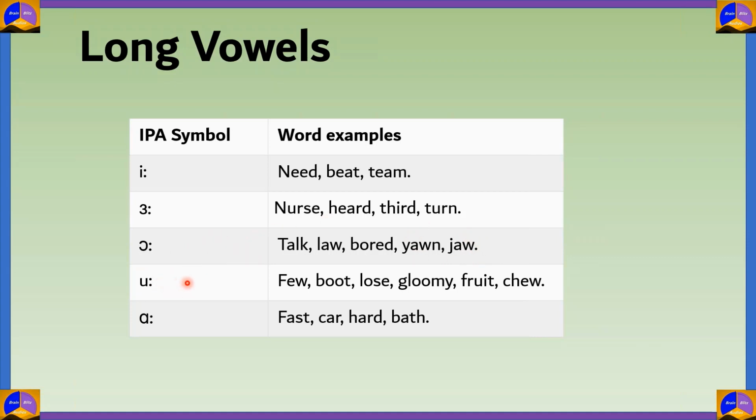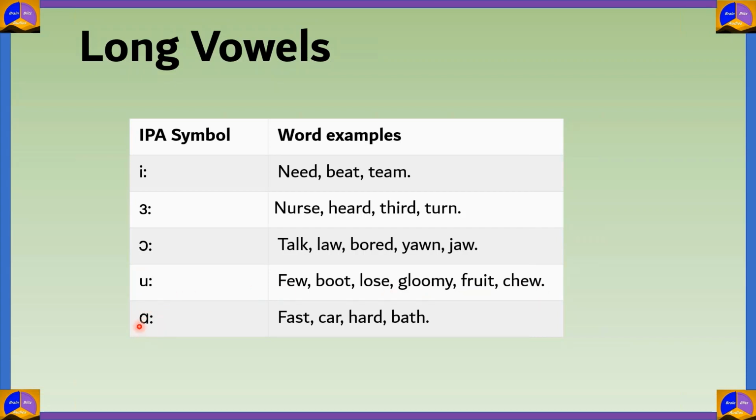The fourth IPA symbol for long vowels uses this symbol, which is a U and a colon, and this is used for the sound oo. Now examples are few, boot, lose, gloomy, fruit, cue, etc.